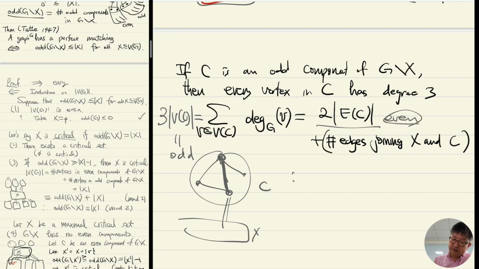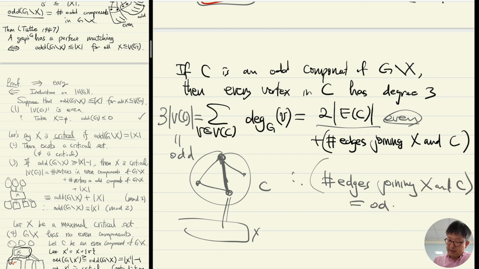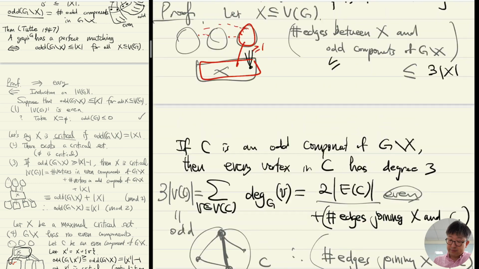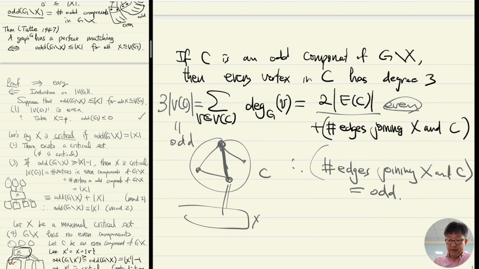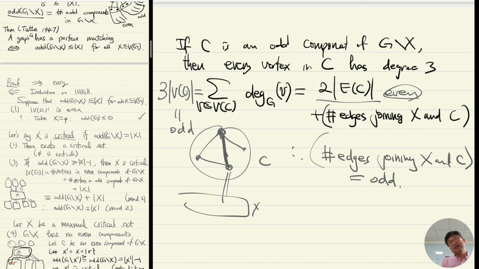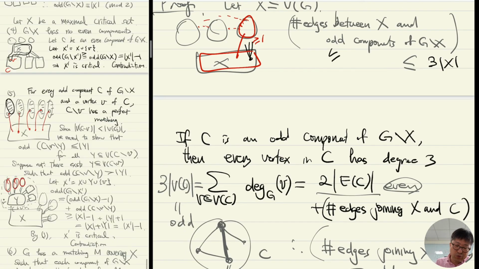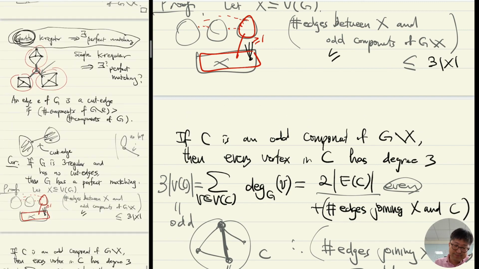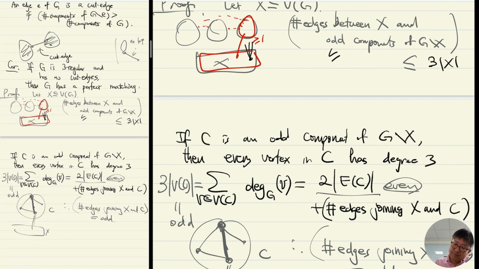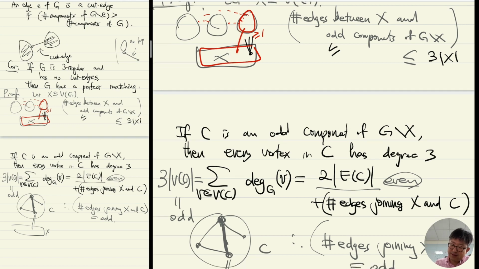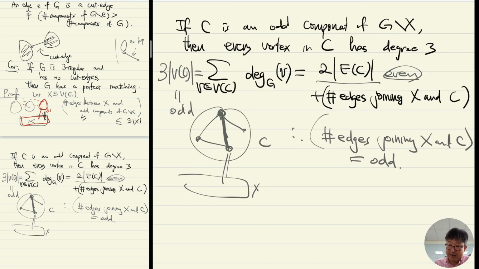So that means the number of edges joining X and C has to be odd. Right? So if some number is odd, it cannot be 0. Therefore you must have at least 1 edge. So the reason why you have at least 1 edge is because the number of edges joining X and C is odd.